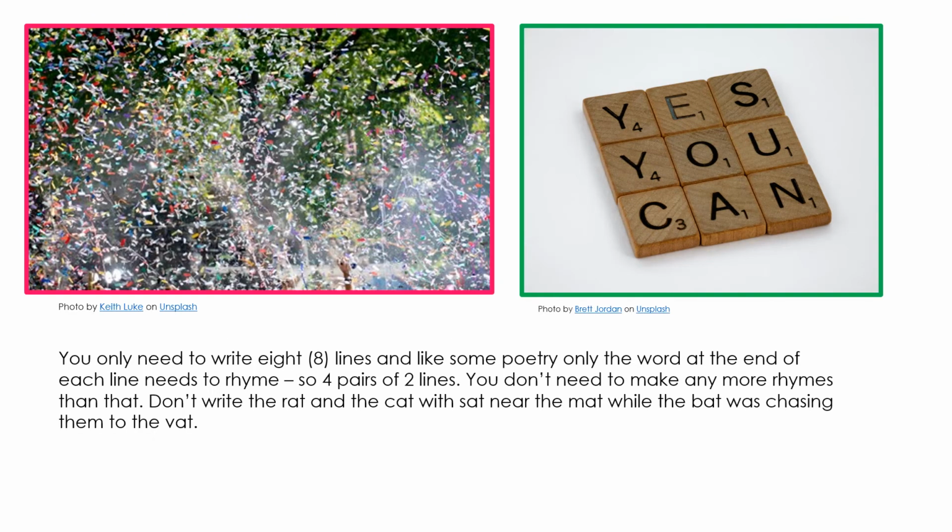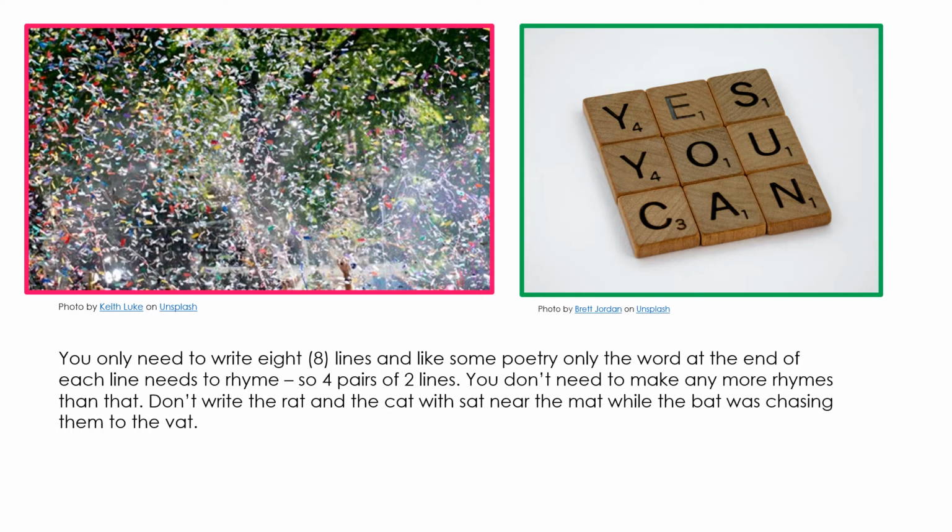Now, before you say, I can't do this, well, I am saying yes, you can. You only need to write 8 lines, just 8, and like some poetry, only the word at the end of each line needs to rhyme. So 4 pairs of 2 lines. You don't need to make any more rhymes than that.